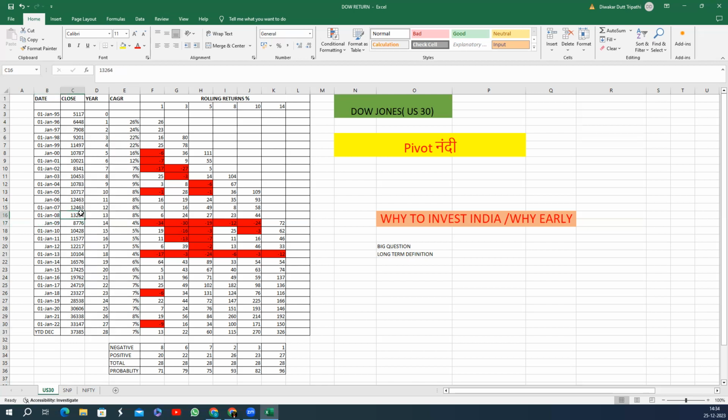The Dow Jones was at 13,264 level, and at the inception of January 2009 the index was at 8,776. So with the difference of 1 year investment, in terms of rolling returns, he has yielded a minus 34% return.